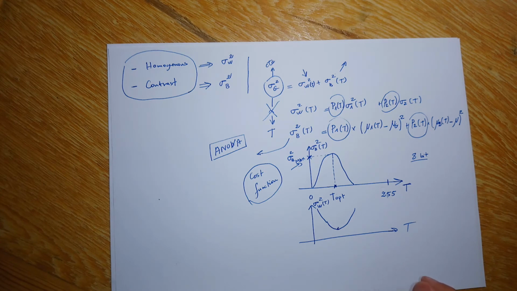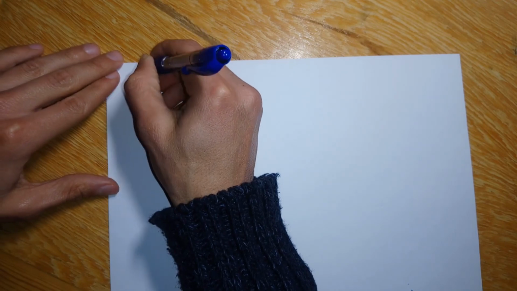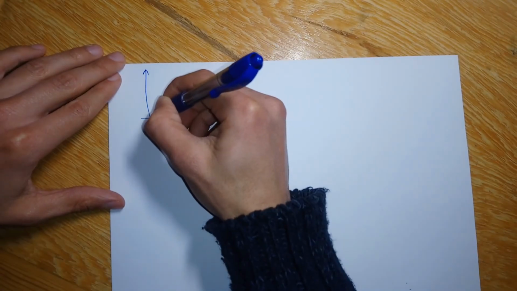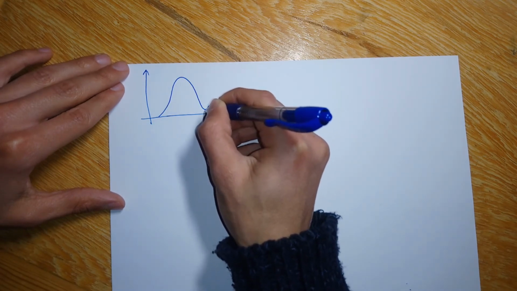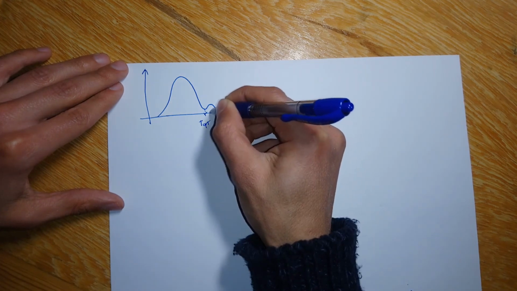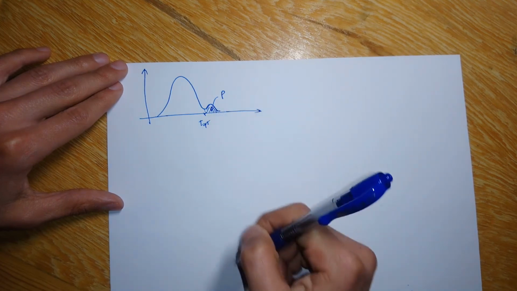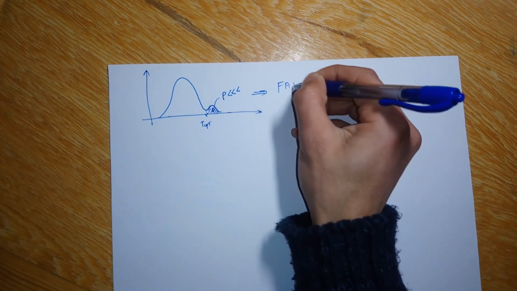However, it still has its drawbacks, and the first drawback is caused by something I already mentioned in a previous video, which is when a given class represents a very small percentage in the image, and this is associated with a histogram like this one. The optimal threshold is supposed to be somewhere here, and this proportion here is very, very small, and this causes a fail.